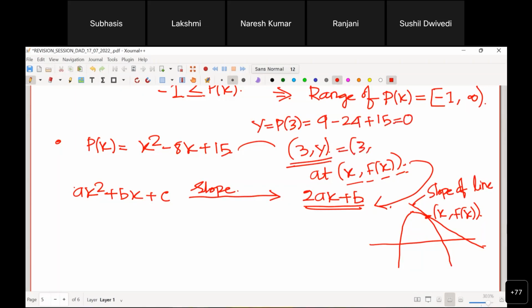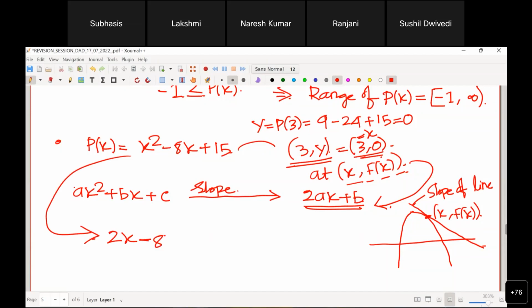So we are trying to find the slope of the parabola at this point. The slope of the parabola is 2ax plus b. So here the x coordinate is 3, and in place of x we just need to replace 3, right? For this given parabola, x square minus 8x plus 15, the slope 2ax plus b is 2x minus 8.